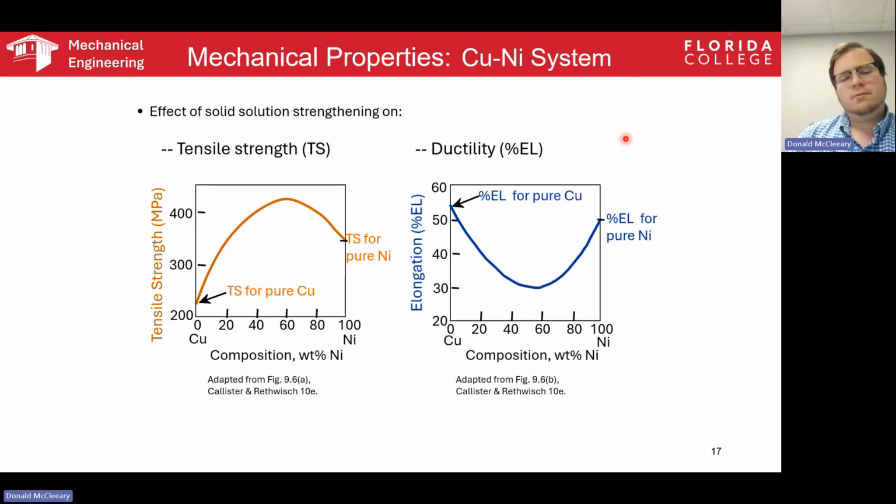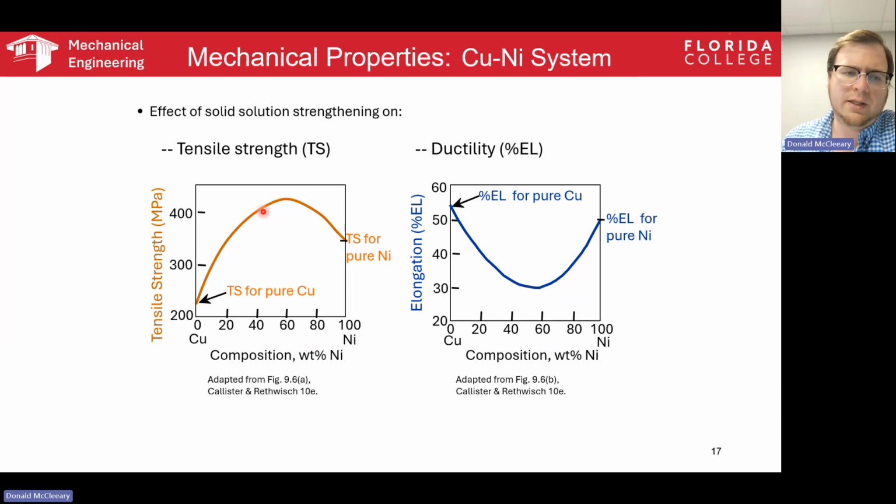Now, what's cool about this for us engineers, specifically for material scientists, but for engineers in general, is that it means we can really tailor this to what we need, right? So let's say I really need something that has a tensile strength of between 400 and 300 megapascals. So it's got to be in this range.